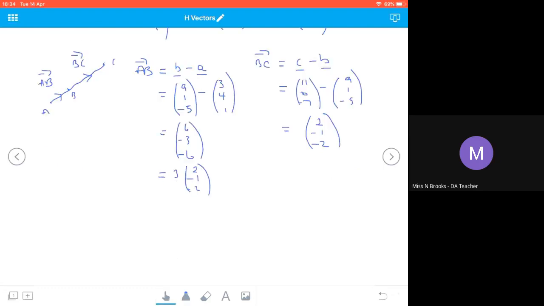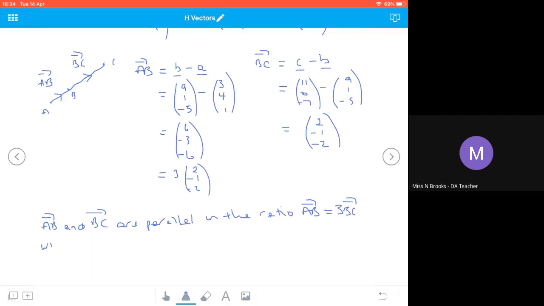So the final step we need to do is state that vector AB and BC are parallel in the ratio AB equals 3BC.